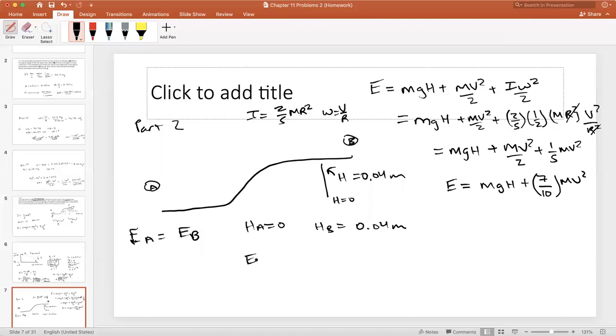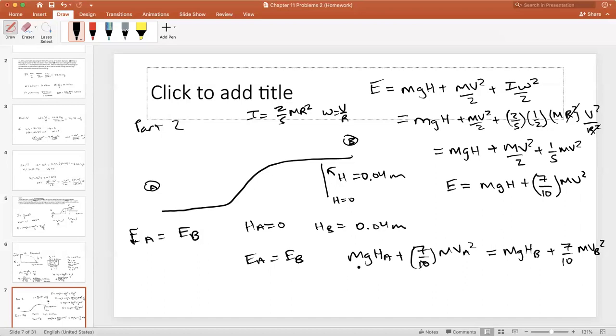And I simply write EA equal to EB, or mgh_A plus 7/10 mv_A squared is equal to mgh_B plus 7/10 mv_B squared. Okay.